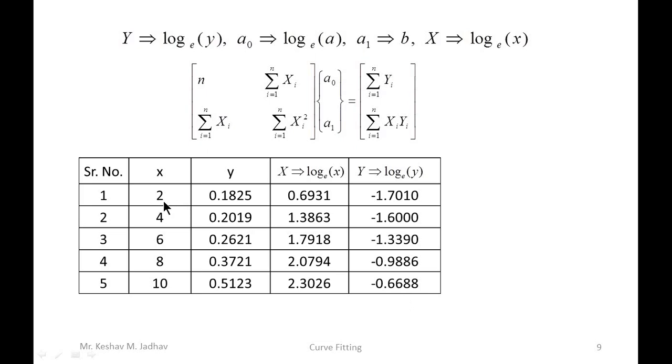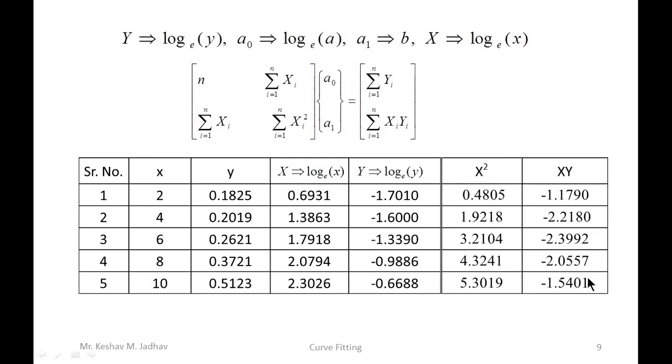So here log 2 is 0.6931. Log 4 is 1.3863, and so on. For y values, if you take log of 0.1825, it is equal to minus 1.7010, and so on for other values. Now here we need x square values and x into y values. So we will add these two columns.